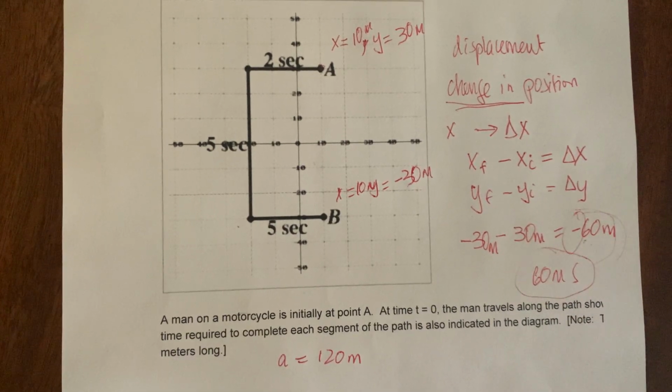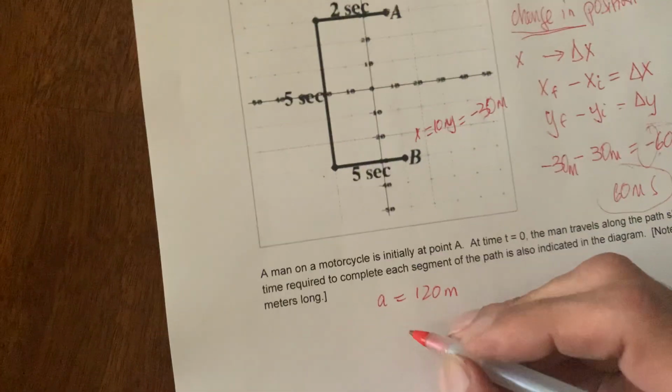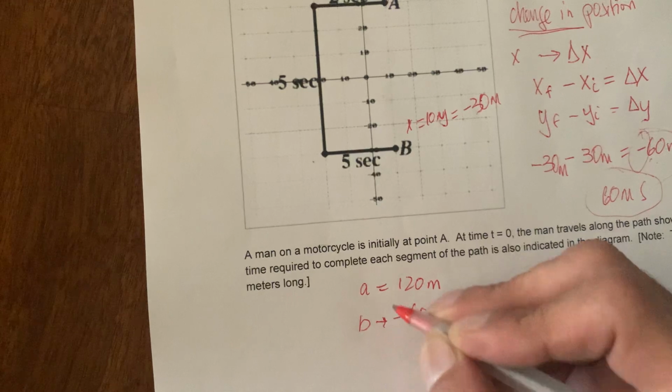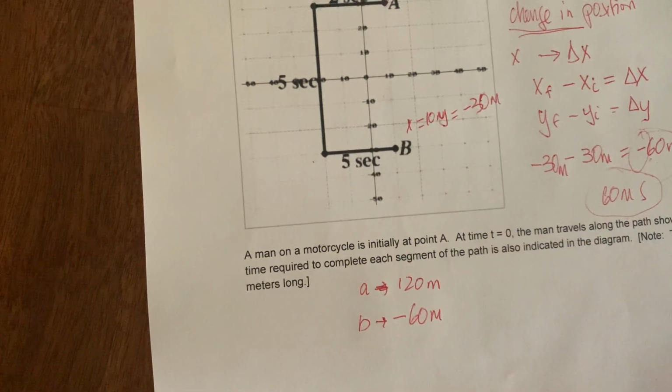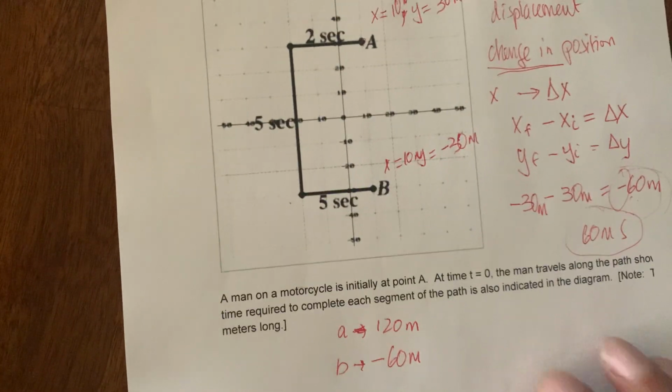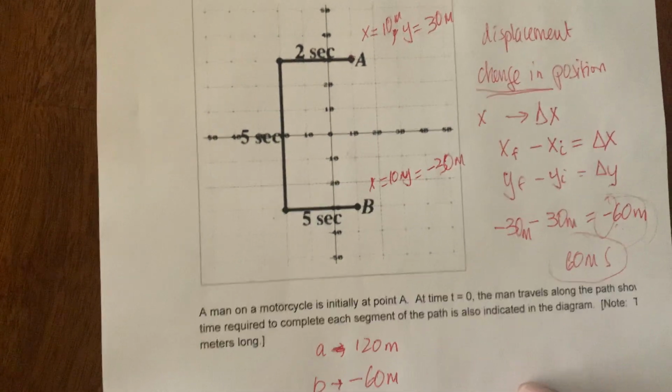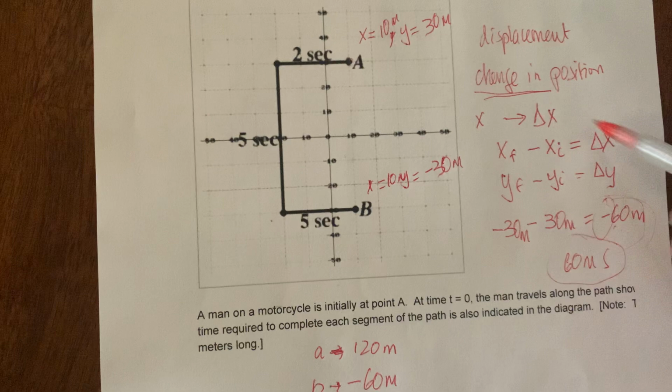The negative sign again is just pointing direction. So that would be negative 60 meters for part B.